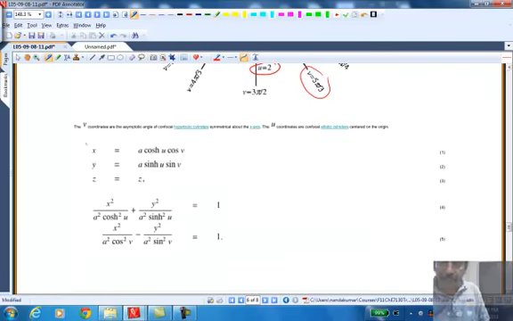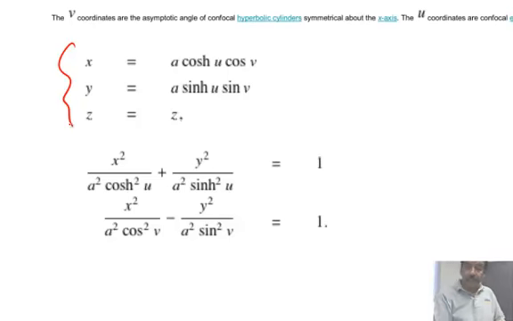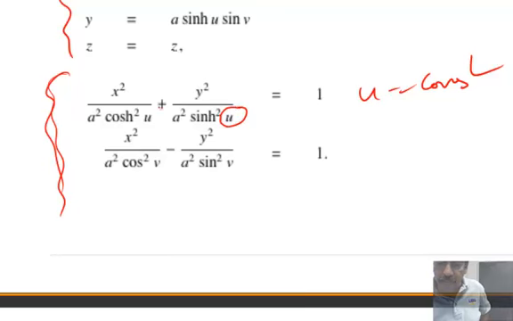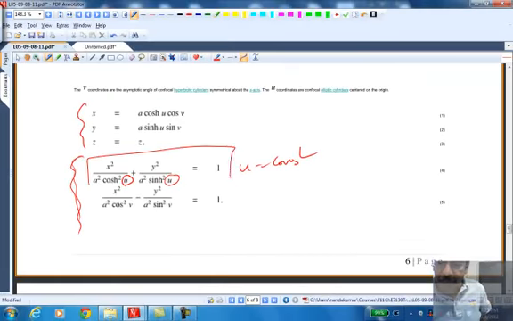In this particular case, that relationship is this. x equals a cosh u times cos v, and y equals a sinh u sin v. Hyperbolic cosine and sine functions. And the inverse relationship is given by this. By eliminating, we are showing the relationship between x and y and u and v. So if I maintain u as a constant, then what does this curve represent?